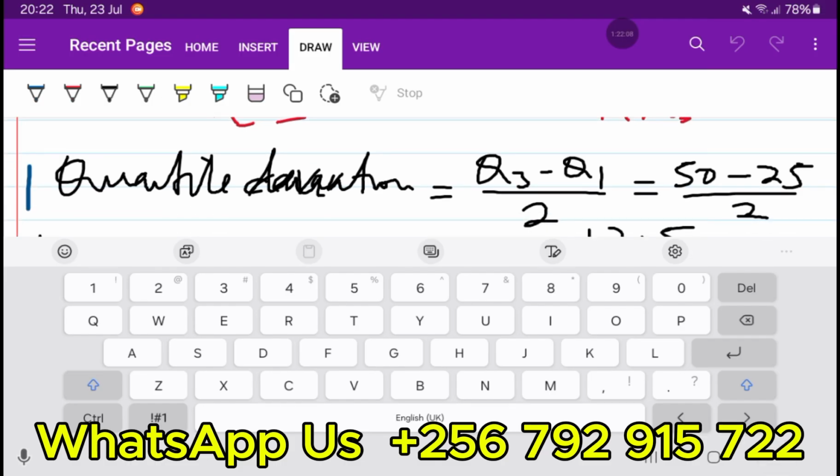So we say that 25% of the students scored below 25. Remember now, there were 7 students. So 25% of those students scored less than 25.